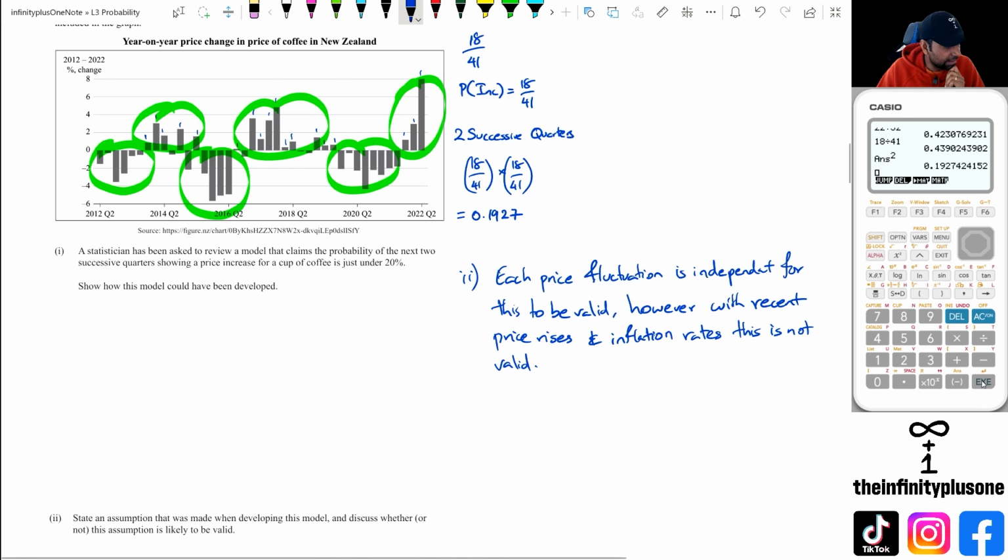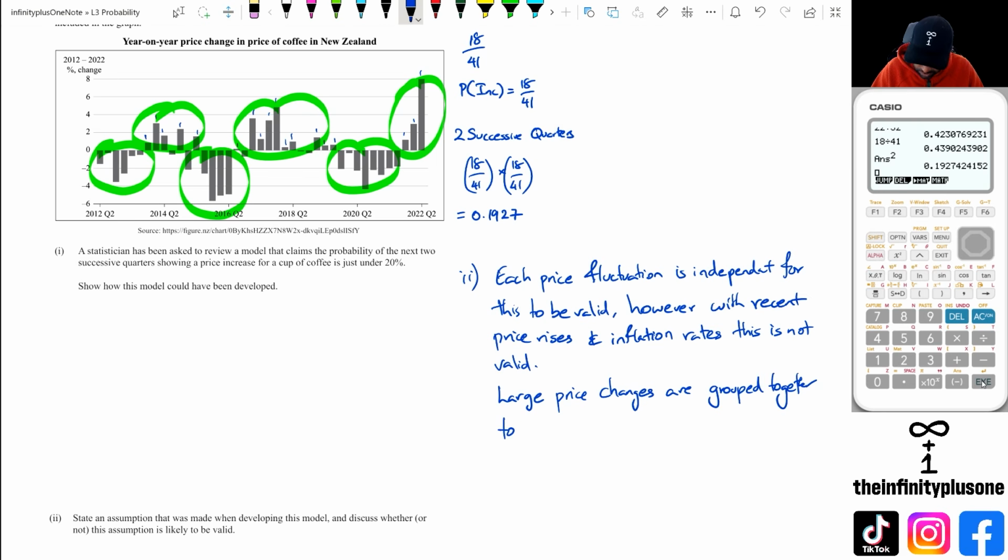I looked at the answer schedule before and they said it's all clumped together. So large price changes are clumped or grouped together, not independent of each other. So not valid. That's the kind of idea here.